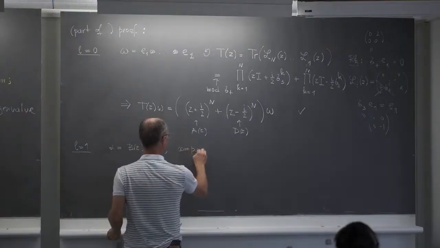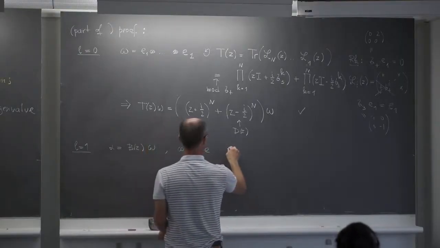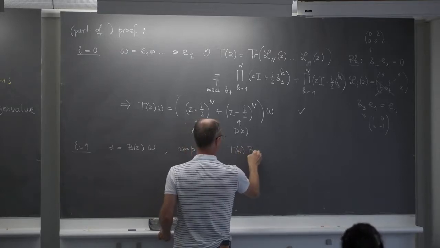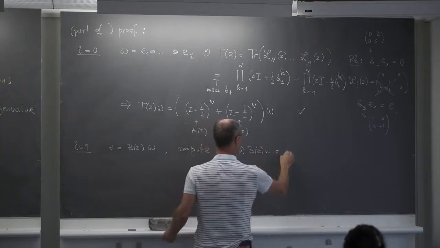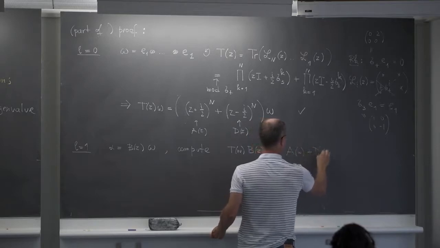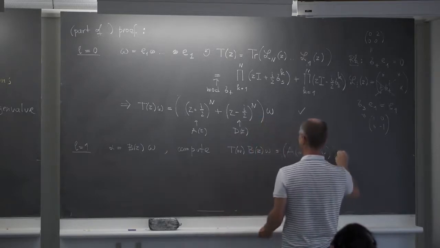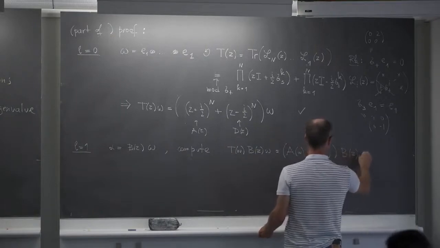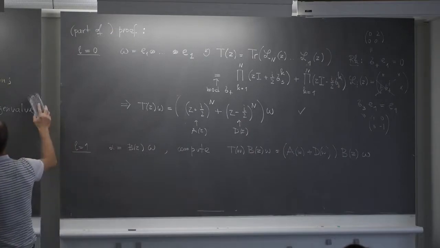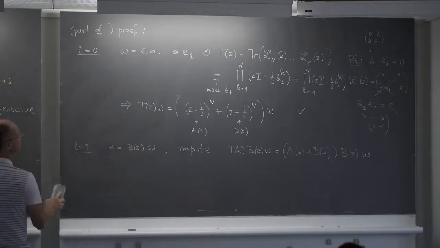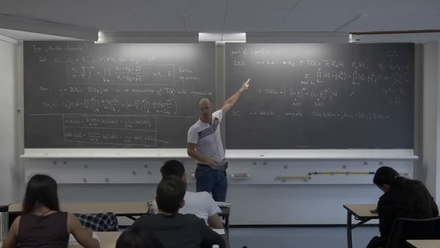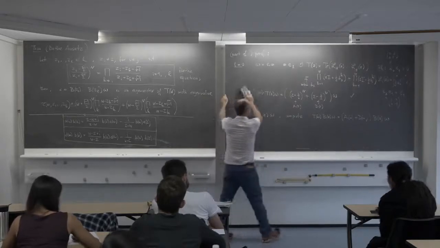So we want to compute T of w B of z omega, and this is A of w plus D of w acting on B of z omega. Is it okay if I erase the first part of the proof? I prefer to keep the statement.